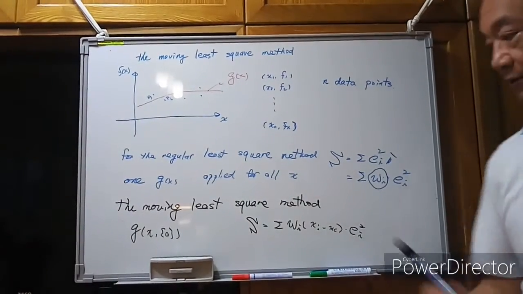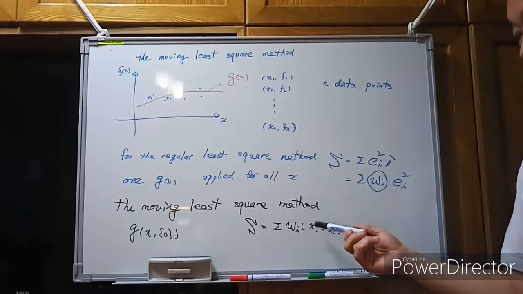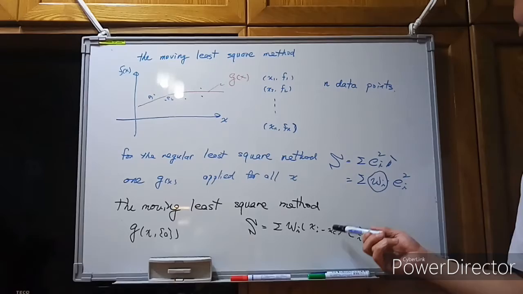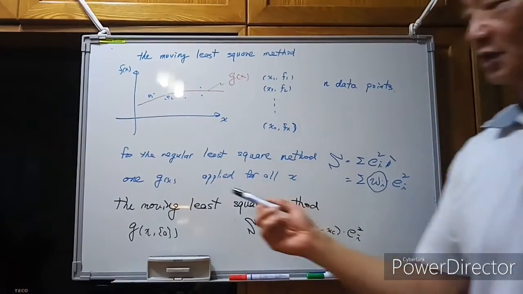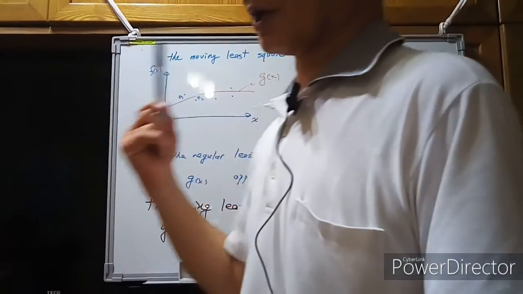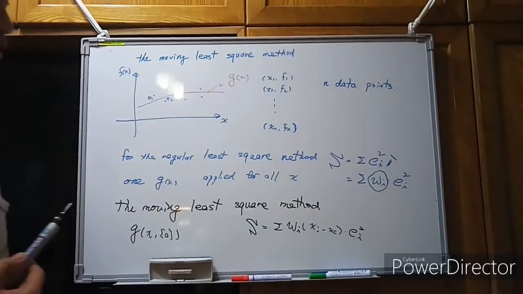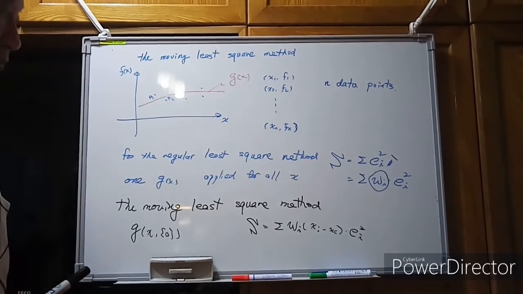Now the weight is a function of the distance between the data point and the center point, the center point being the location we are considering to establish the approximate function. Okay, it's time for you to print the screen.